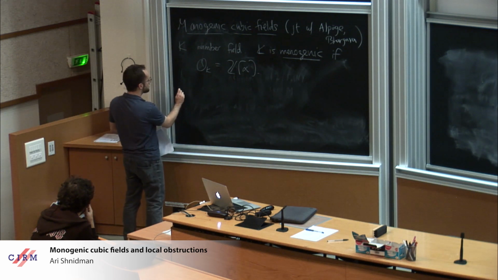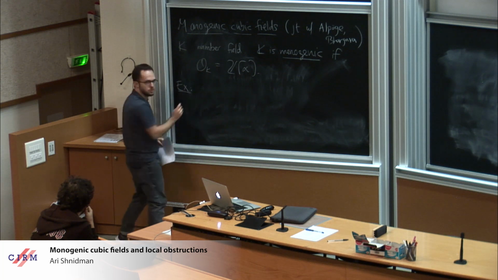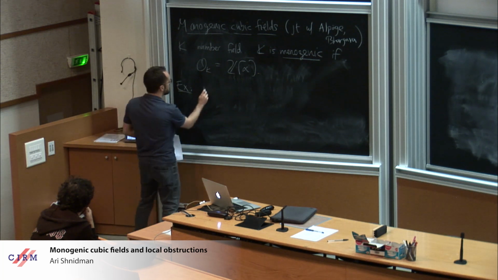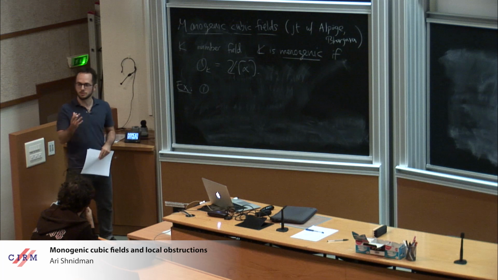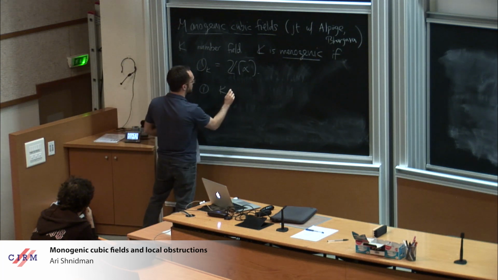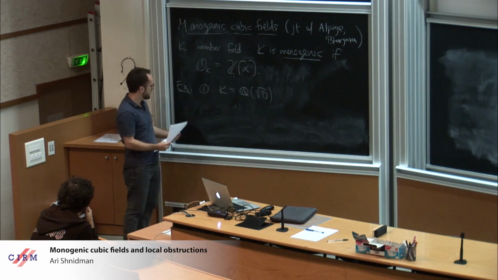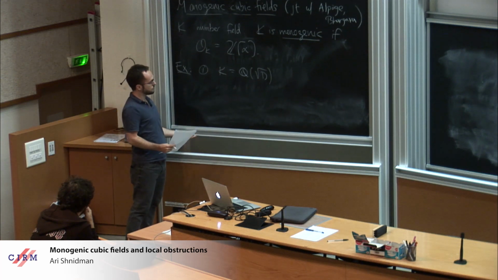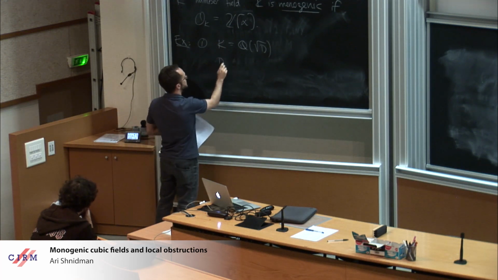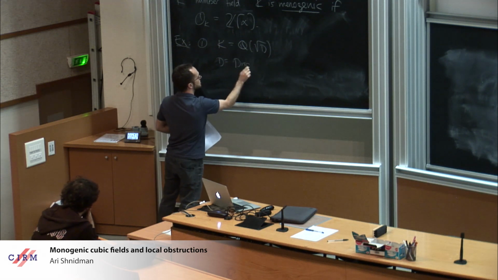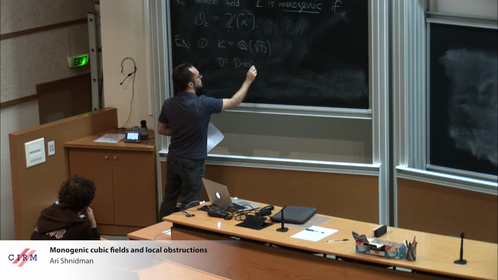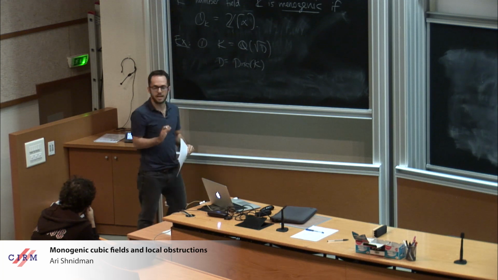Maybe the second source of confusion is what happens when you start looking at examples. So let's look at a quadratic field, K is Q adjoin root D, where D is the discriminant of K. In this case, K is always monogenic.